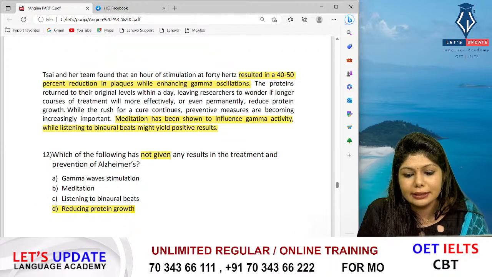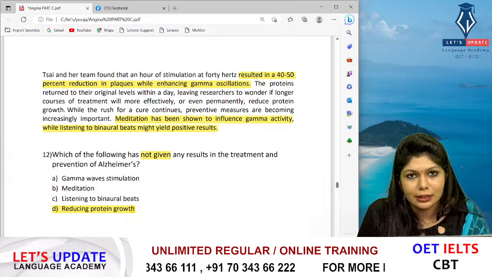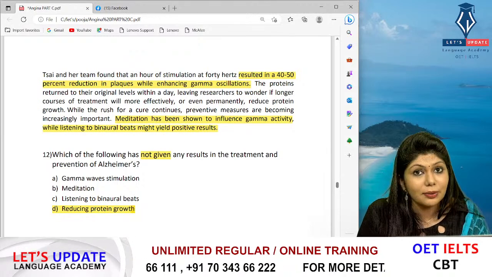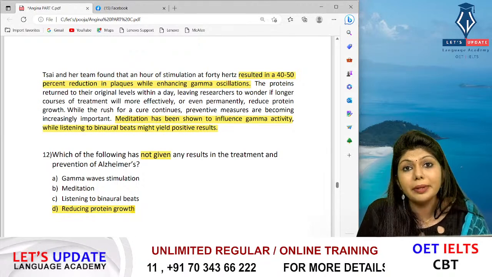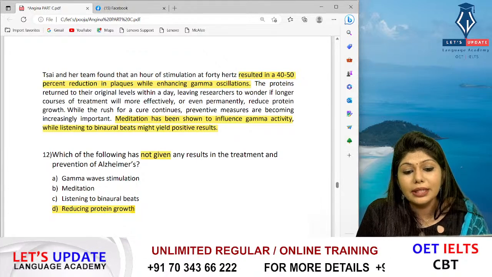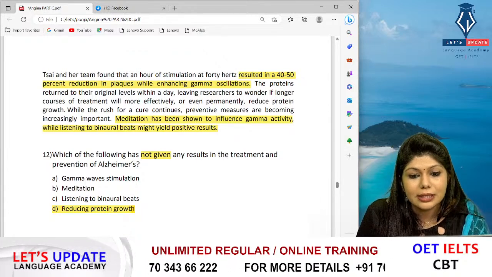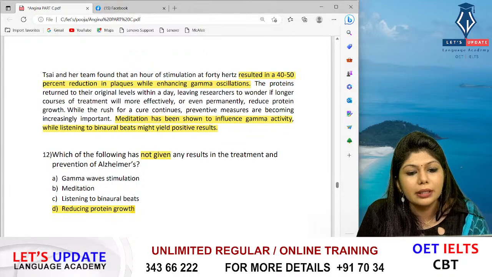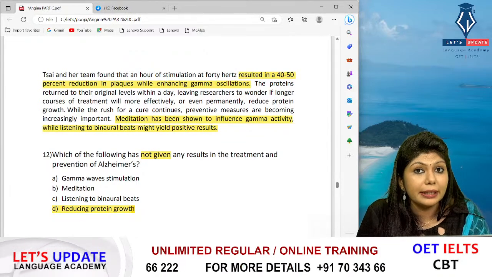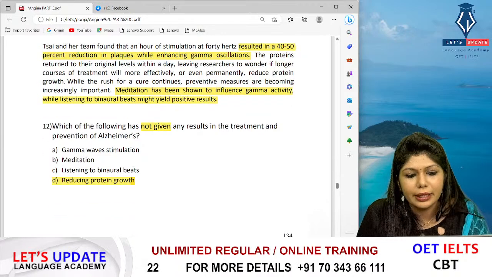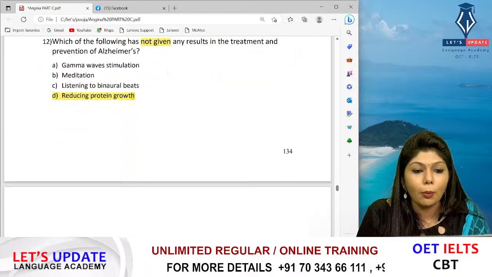That is why that is the answer. I hope that is clear. They are asking for something that is not mentioned. The other three are mentioned as giving results, and only this is something they are still wondering if it will bring any good results. Okay, that is why we have opted D.